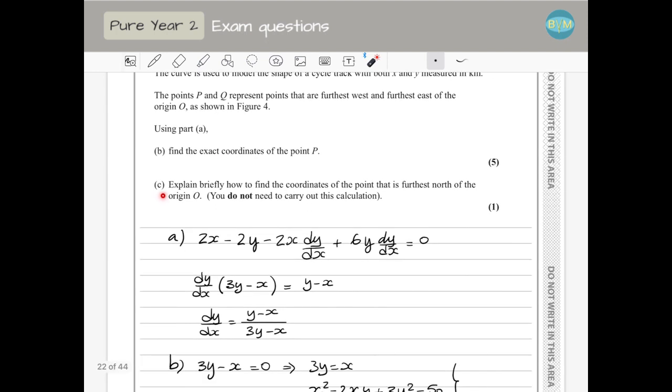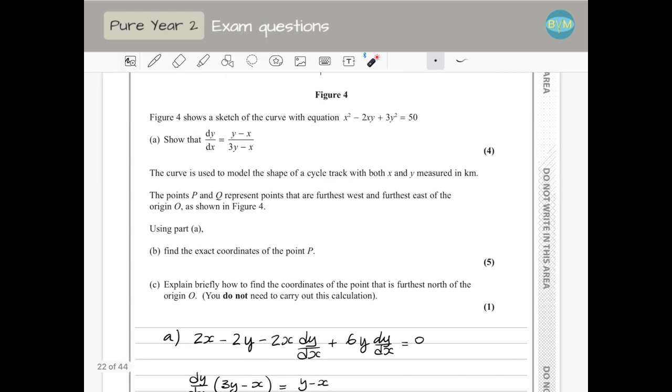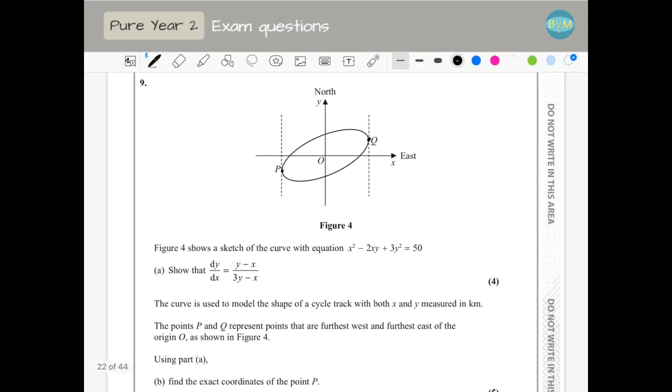Then they say part C, explain briefly how to find the coordinates of the point that is farthest north of the origin. You don't need to carry out this calculation, and it's just 1 mark. So the point farthest north will be the one with horizontal tangent, and that point is when y is equal to x.